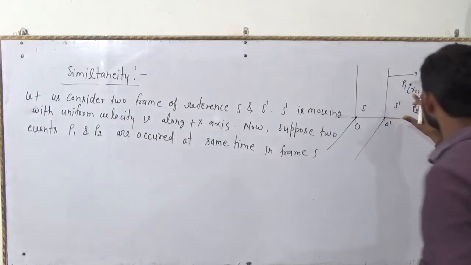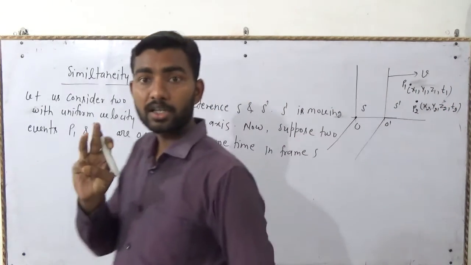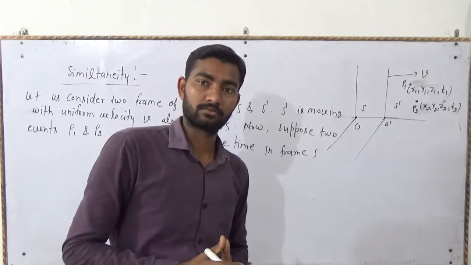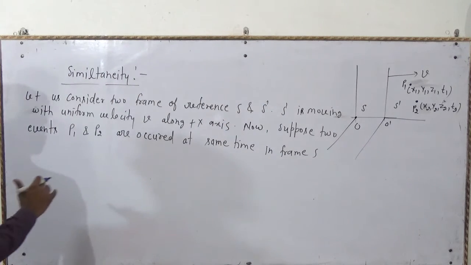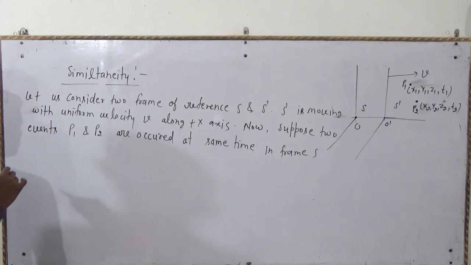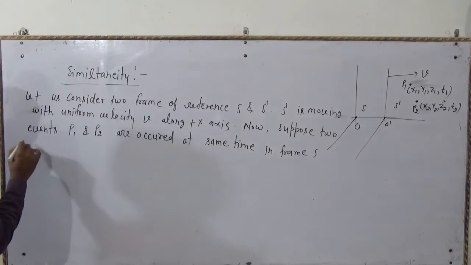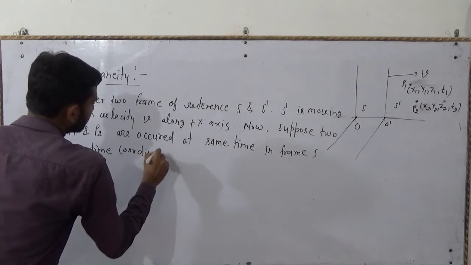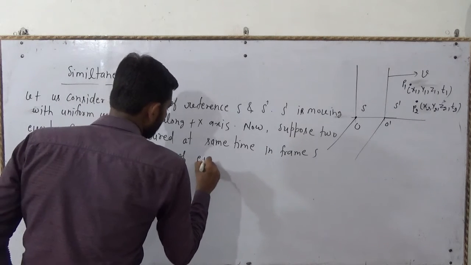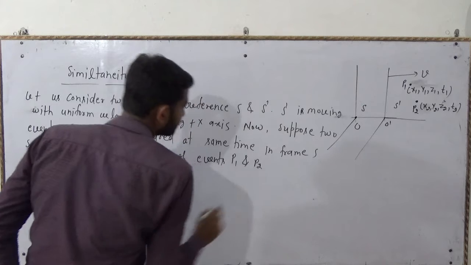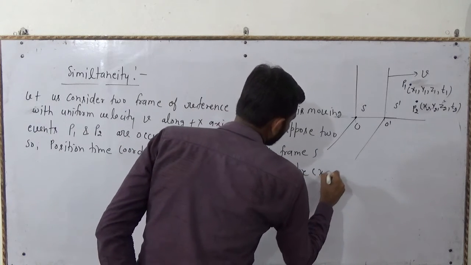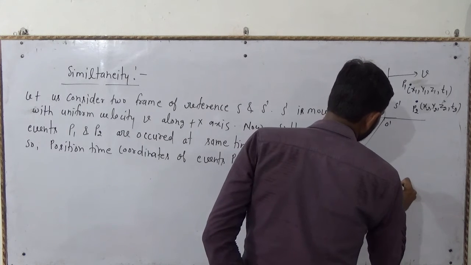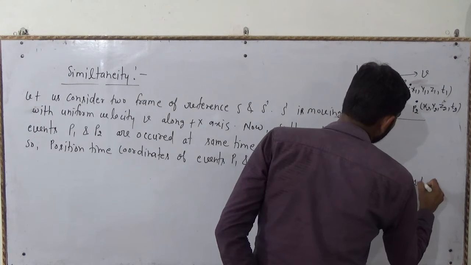Here we have shown the position and time coordinates of both events P1 and P2 in frame S, corresponding to the origin O. So the position and time coordinates of events P1 and P2 will be x1, y1, z1, t1 and x2, y2, z2, t2.